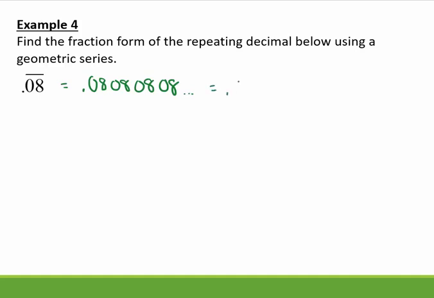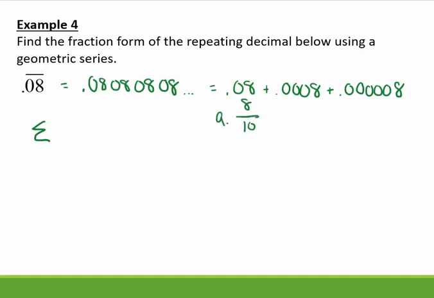What that means is that's 0.08 plus 0.0008 plus 0.0 and so on, with 1, 2, 3, 4, 5, 6 digits. So this technically is a sum. What is this? 8/100ths is my first term. My ratio is 1/100.